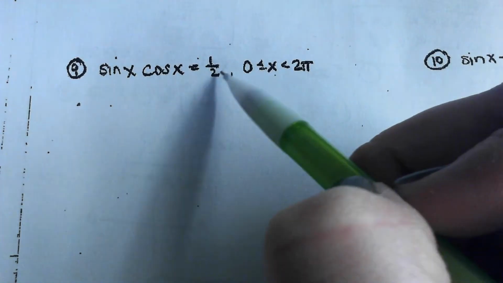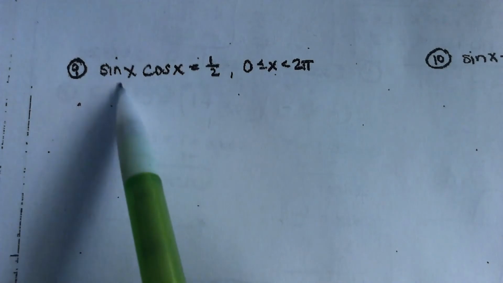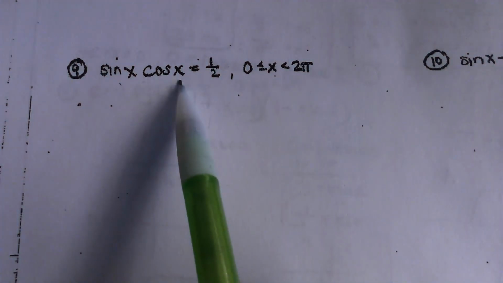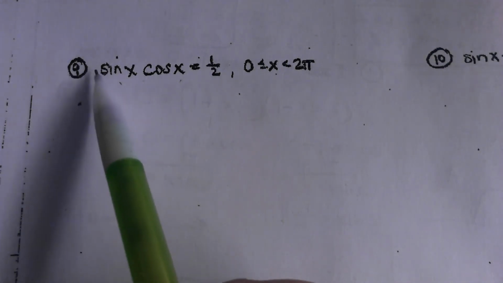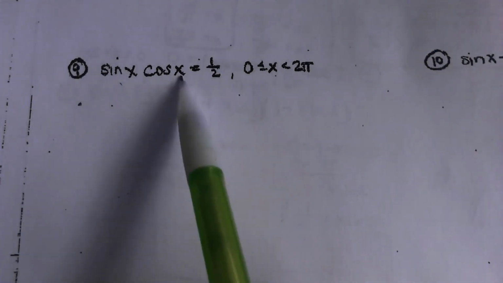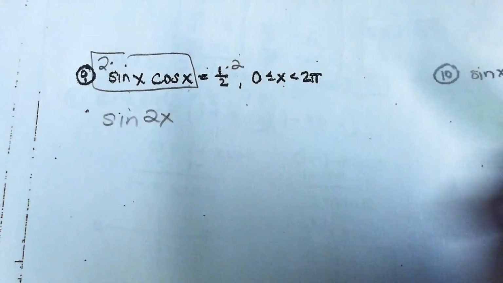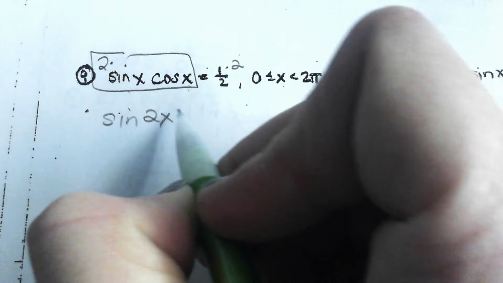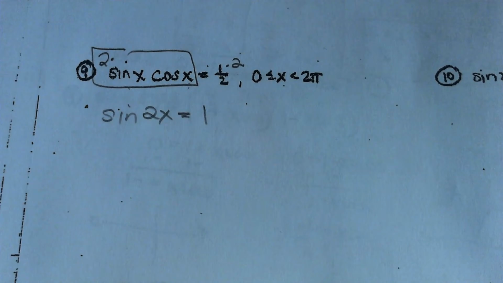So you're thinking get rid of that 2, and that's how you kind of came up with it. But anytime you see sine times cosine, you're not technically just inserting your own 2 to make 2 sine x cosine x, which should sound familiar to you. You're kind of multiplying both sides by 2, so that this side is now the sine of 2x. You go back to your double angle, and this side, a half times 2, just ends up being 1.